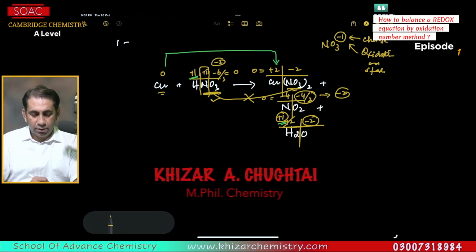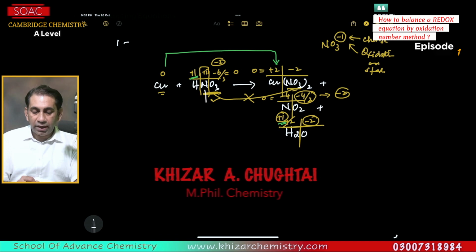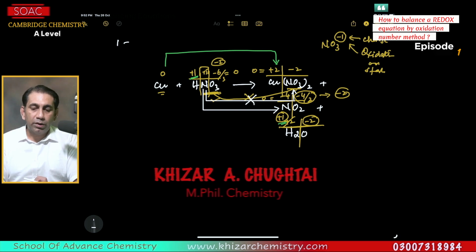The last is the turn for nitrogen. From nitrate to this nitrate there is no change, but when we compare this nitrate with NO2, there is a change in the oxidation state of nitrogen.